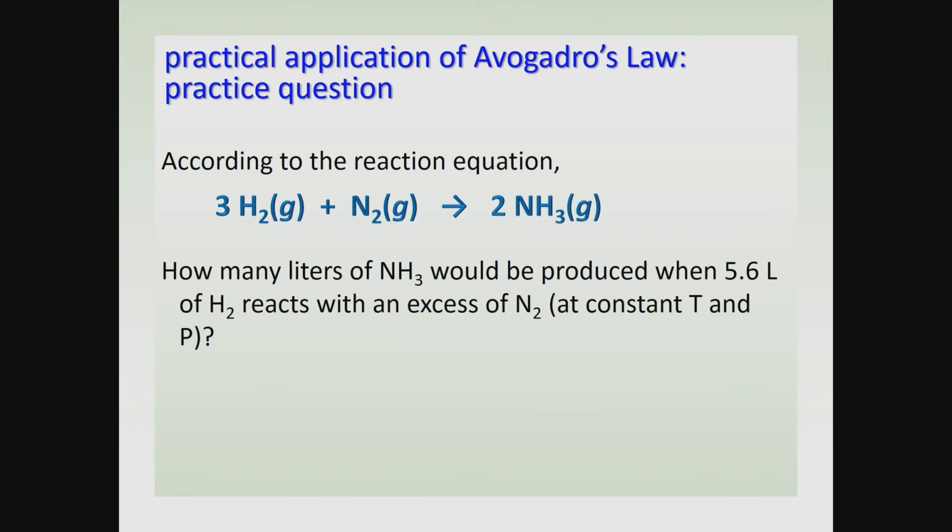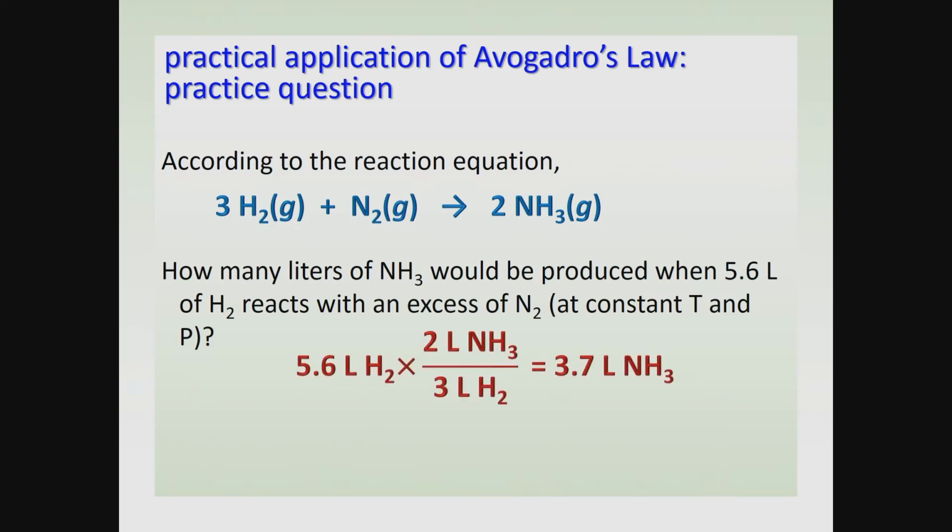A simple way to solve that problem is to recognize that the mole ratio between hydrogen and ammonia, which is 3:2, is also a volume or liter ratio. So we can say that 3 liters of hydrogen produces 2 liters of ammonia, and you can use that ratio to set up a fraction to help you solve the problem.